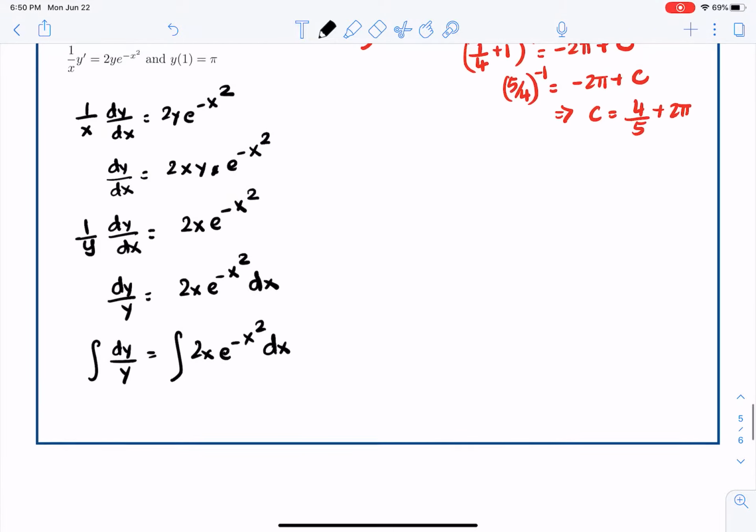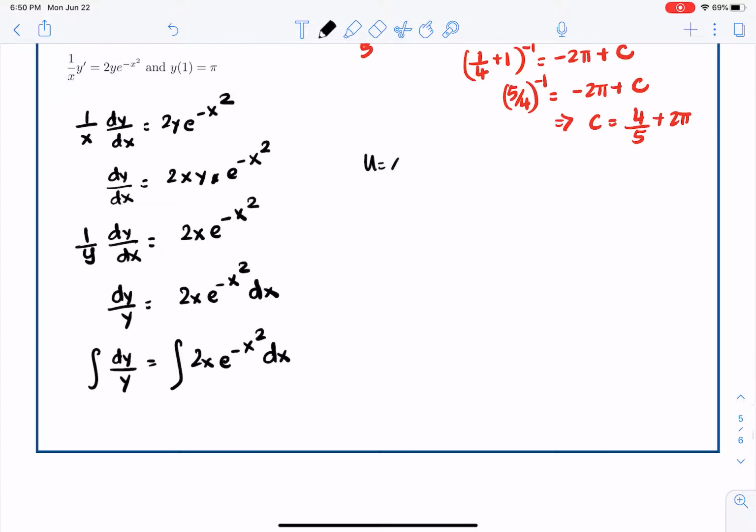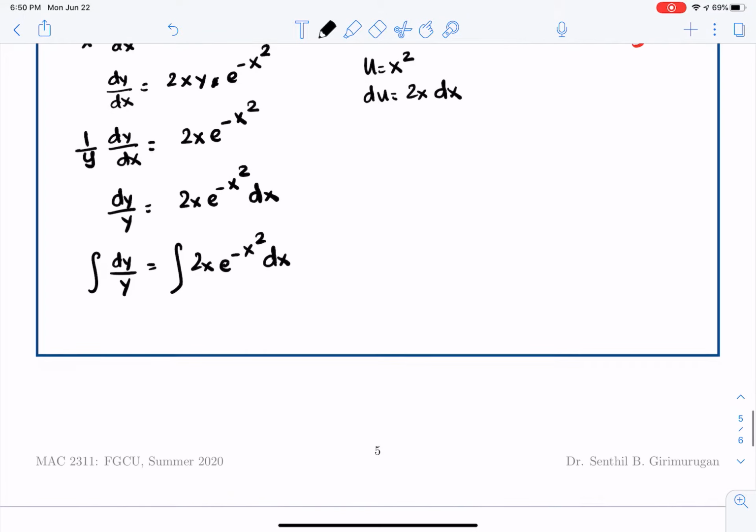If we use u is equal to x squared, du would simply be 2x dx. So the right hand side would simply become e raised negative u times du. The integral on the left hand side is ln of y. On the right hand side, it's simply e raised negative u over negative 1.